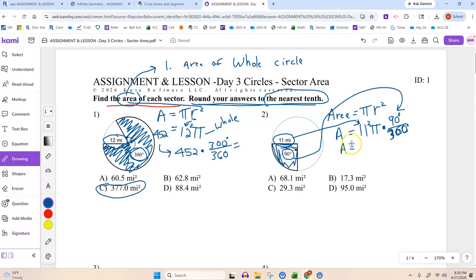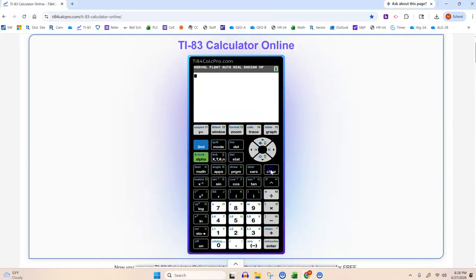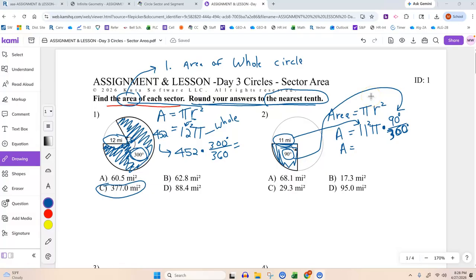That's 90 degrees out of 360. So I'm going to multiply that out. 11 squared, enter, times pi, enter, times 90 divided by 360, enter, and I get about 95. And there we go, 95 miles squared.